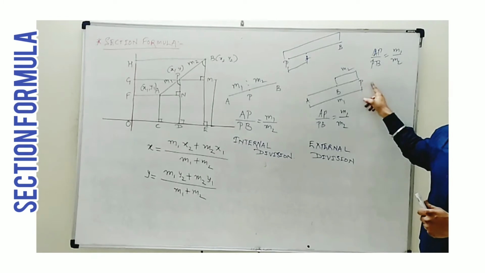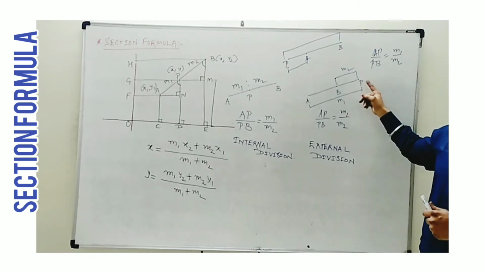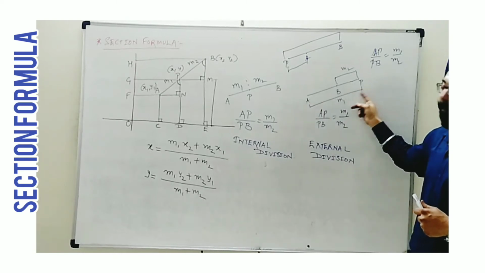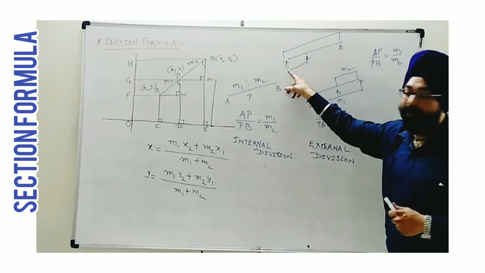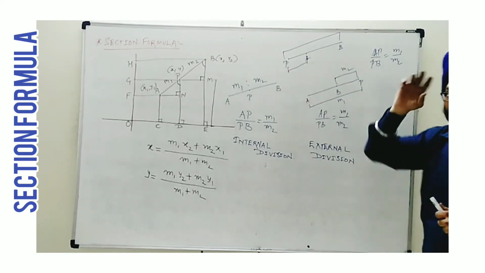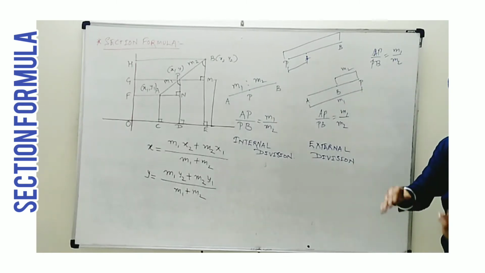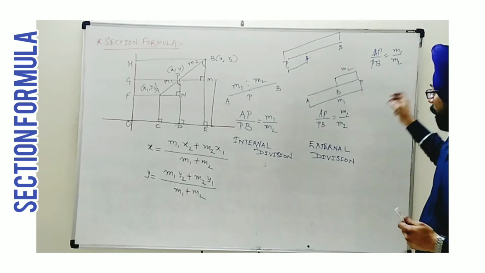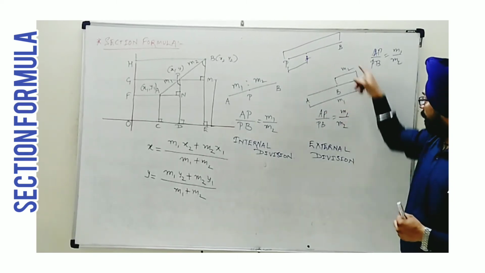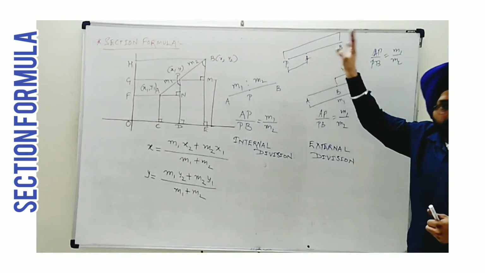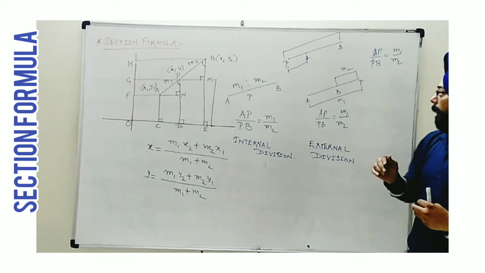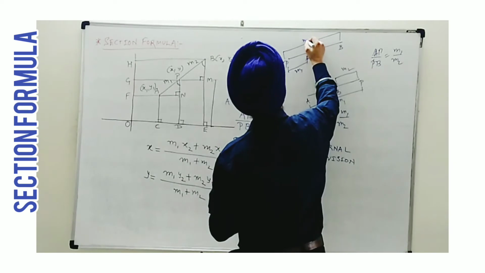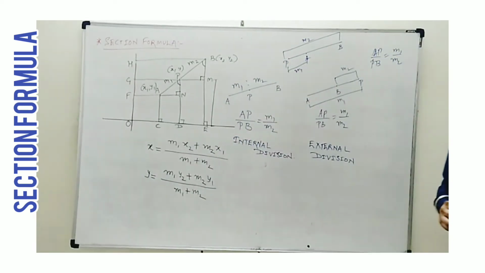Here as I have taken P towards B, that's why length PB is smaller than AP. Here length BP is longer than AP. Okay, be careful. So that same thing actually will affect values of M1 and M2 also. In this case, M1 is larger than M2, but in the second case, M1 is smaller than M2. Here I have taken AP as M1, this is M2. That's why M1 will be smaller than M2.